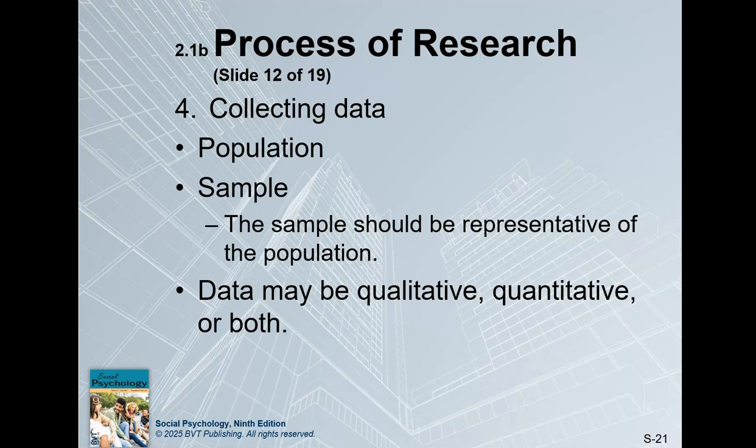So qualitative means the quality of the data. A good example would be maybe a college student might say, I had a good experience at this college. So they're talking about the quality of their experience. Quantitative means the quantity, like has to do with numbers, like 60 or 70%, just for some examples.